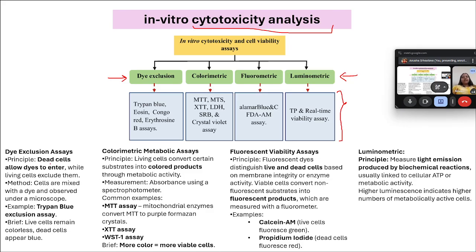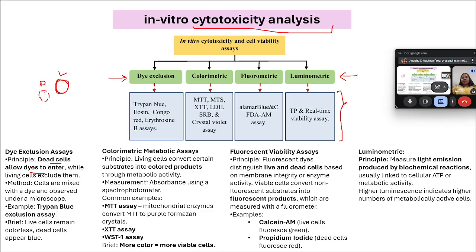The principle is that dead cells allow dyes to enter. Now why does it happen? Because dead cells have a compromised cell membrane, but live cells have intact cell membranes, an intact plasma membrane. So this is live, this is dead. Now, what happens with dead cells?